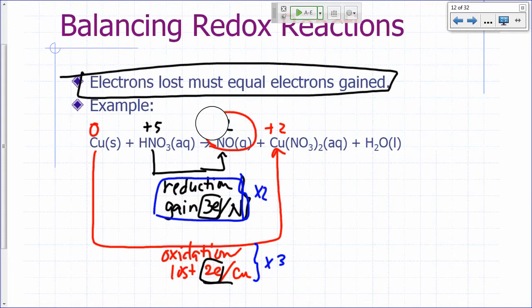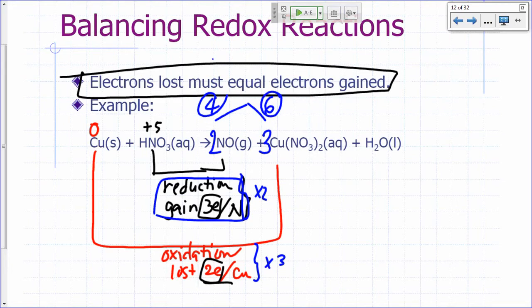So if my coefficient for this is 2, then my coefficient for this other one must be 3. That ratio must be maintained, 2:3. If I were to end up balancing this equation with a 4 over here, what would my coefficient over here be? It would have to be a 6. 4:6 is the same thing as 2:3.